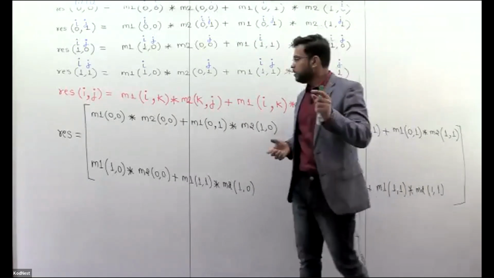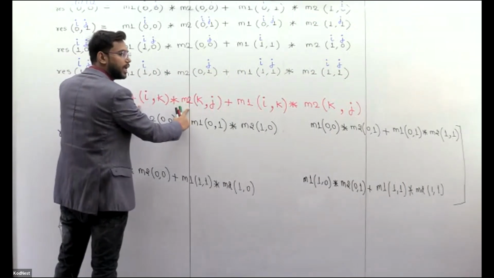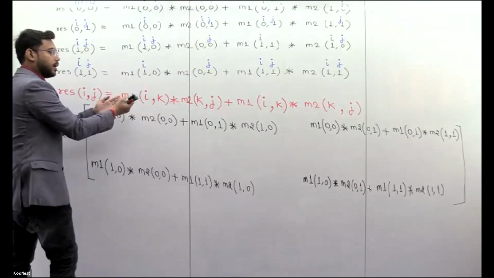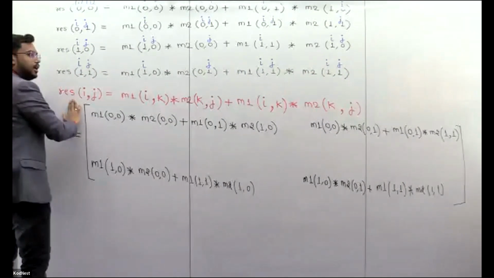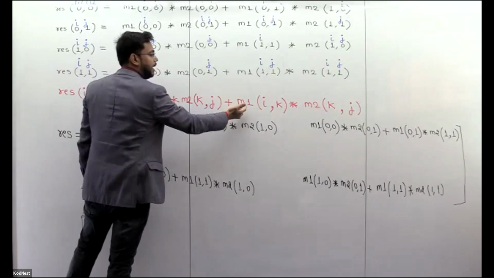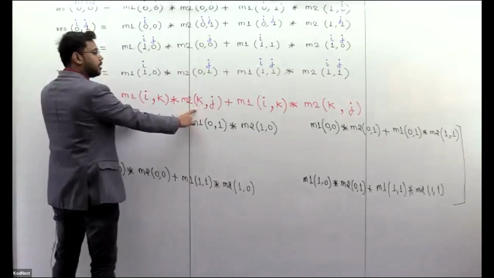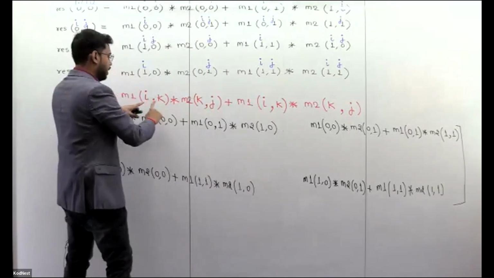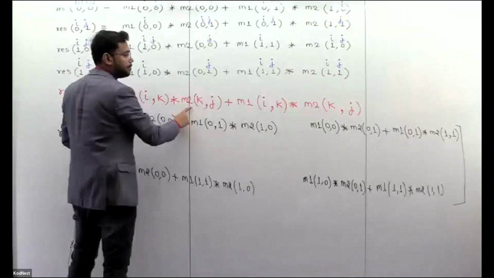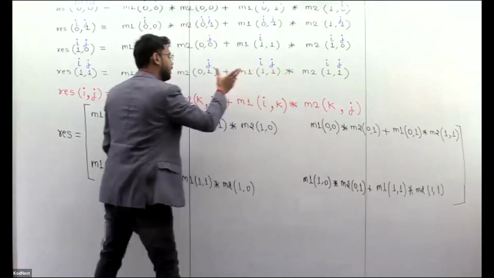Now see here, M1 IK, M2 KJ: I multiply and store it in result IJ, and then again I add M1 IK with M2 KJ. Same thing I am doing here also, multiplying and adding them. M1 IK multiplied with M2 KJ, M1 IK multiplied with M2 KJ, the same thing.